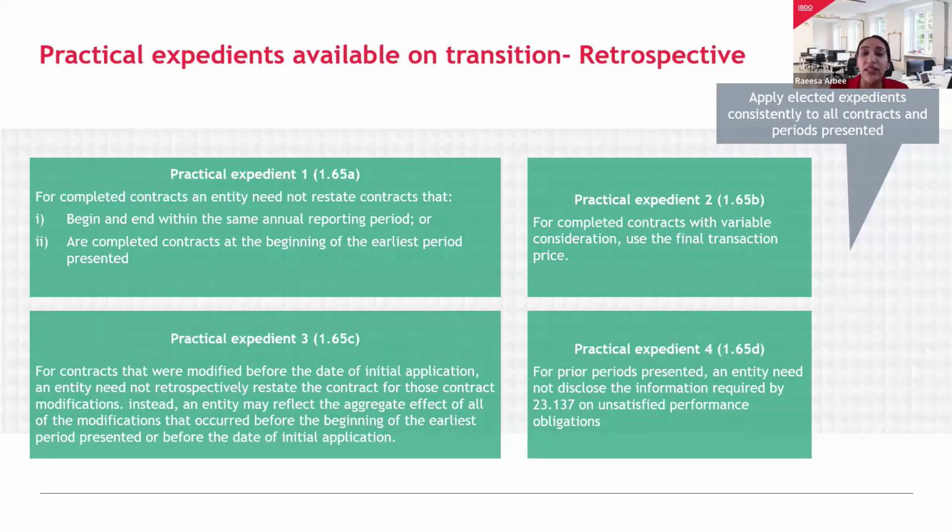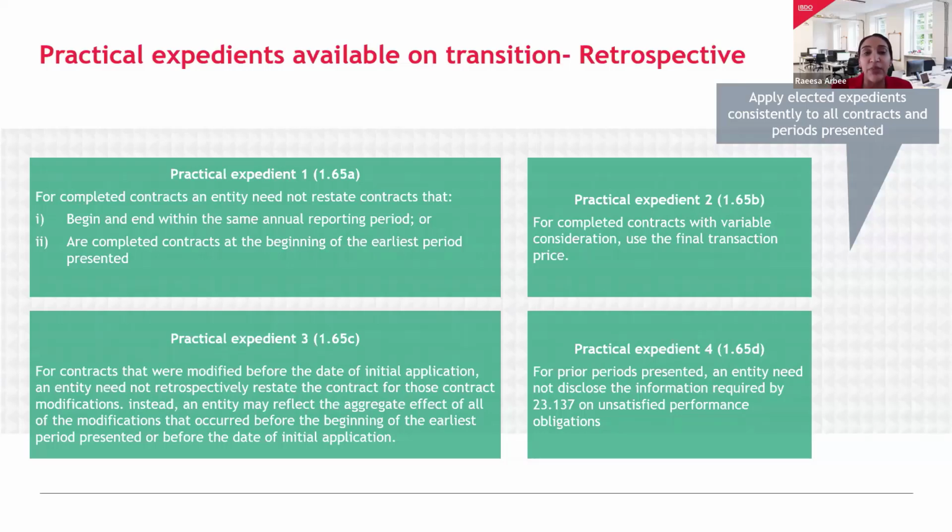So the third expedient says, if you've got any contracts that were modified prior to the date of initial application, which is 1 January 26, then you can ignore those previous modifications and simply look at the modified terms and conditions of the contract, and transition that contract based on those terms and conditions. So that's quite a nice simplification, so you don't have to unwind all the modifications that you may have had previously, especially if you've had quite a longer term contract and you've changed it multiple times.